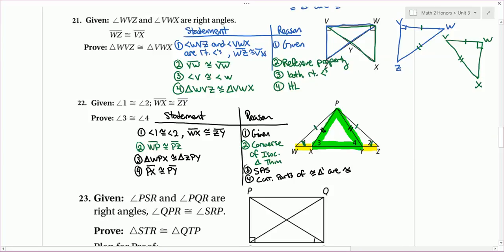And now we can finally get to what we're trying to prove, which is that angle 3 is congruent to angle 4. And the reason is the isosceles triangle theorem.